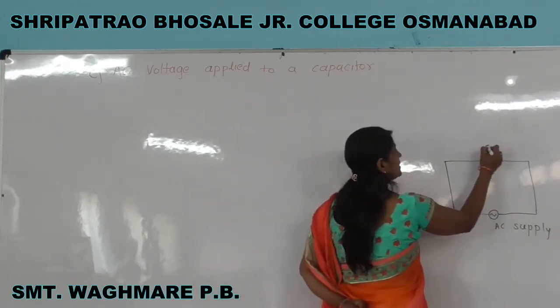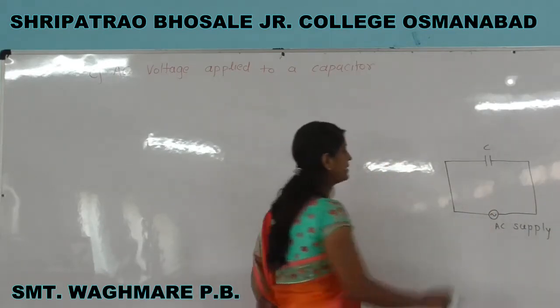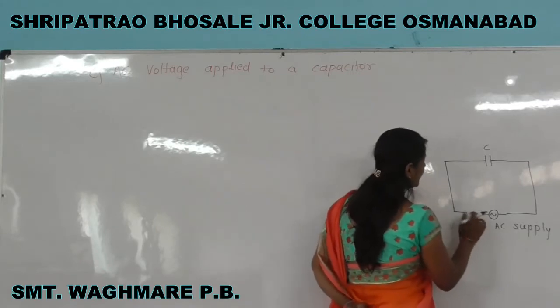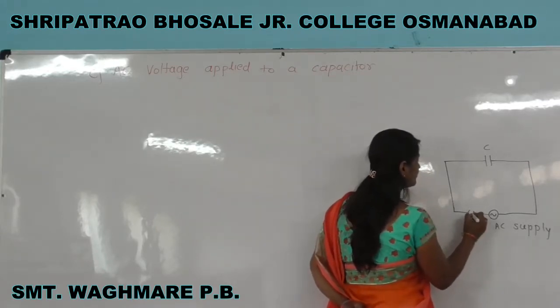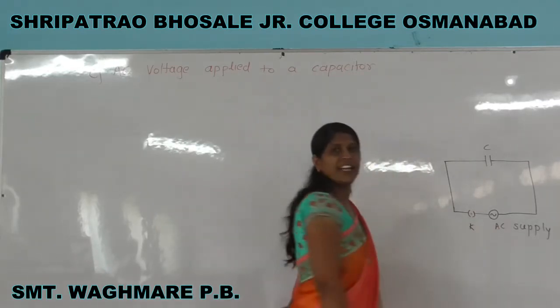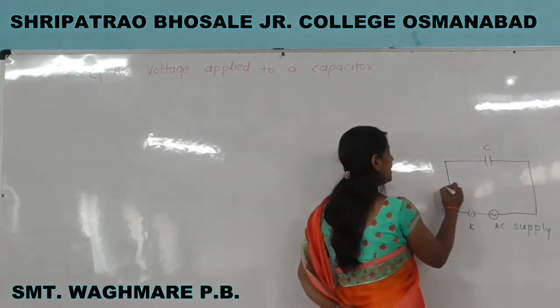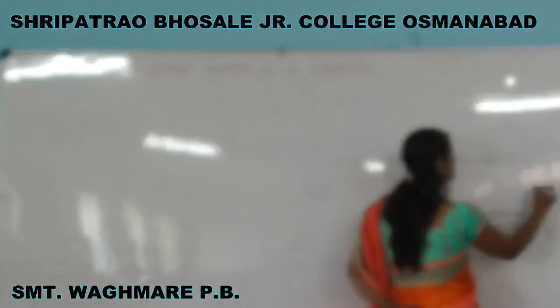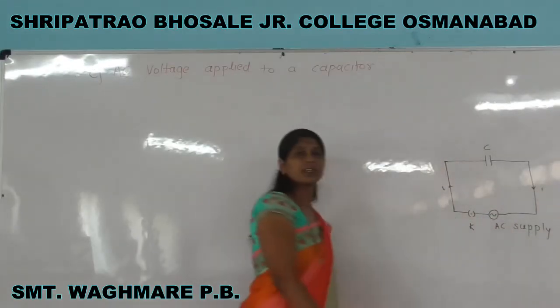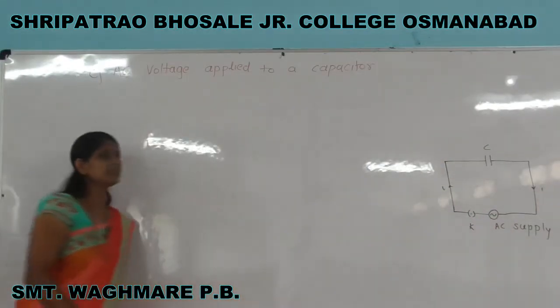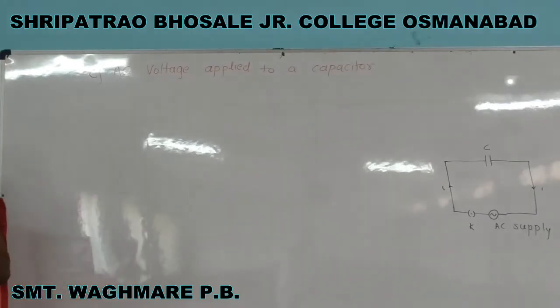C is the capacitance of the capacitor. Suppose we connect a key here. When this key is closed, a current will pass through this capacitor, and the capacitor will start to charge.